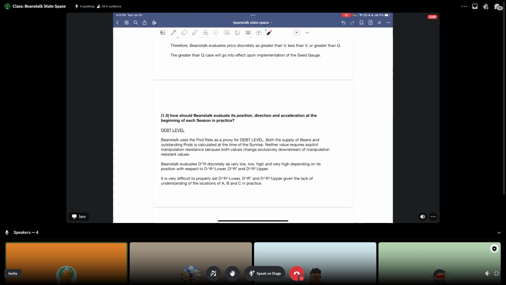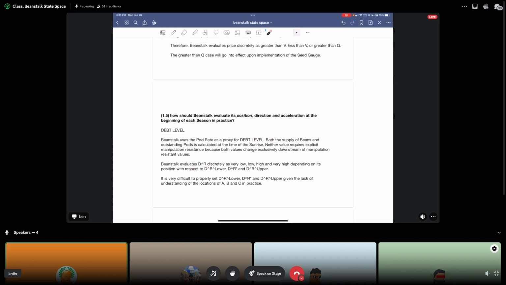So it just seems like debt work that doesn't get anywhere. So that's why that hasn't been worked on to date, as far as I understand. So the point is, Beanstalk uses the pod rate to represent debt level, even though, of course, including FERT would be more perfect.